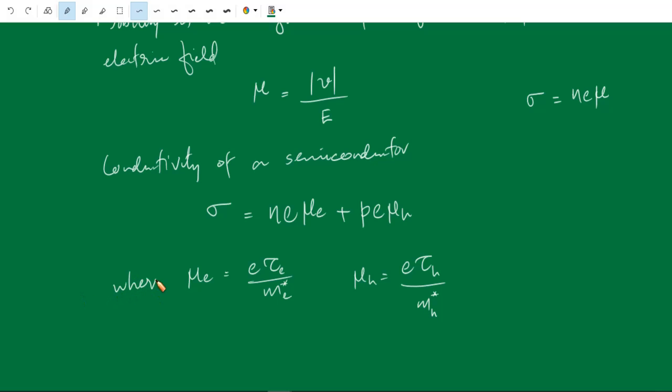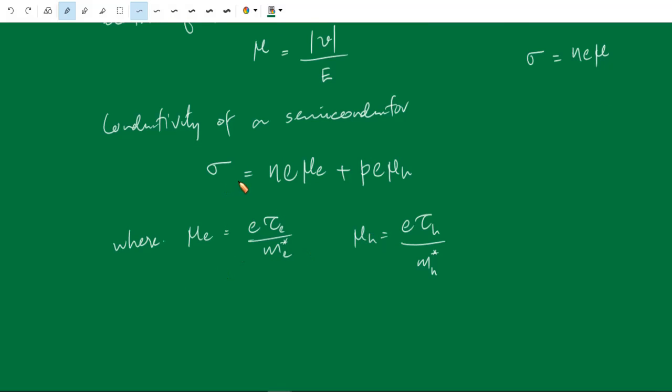So this is the expression of the conductivity: sigma is equal to Ne mu E plus Pe mu H. So this is the total conductivity.